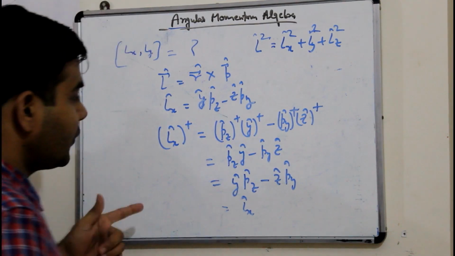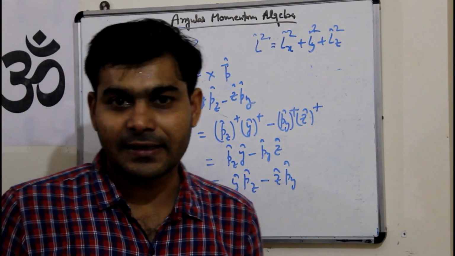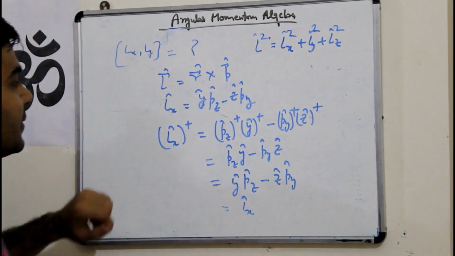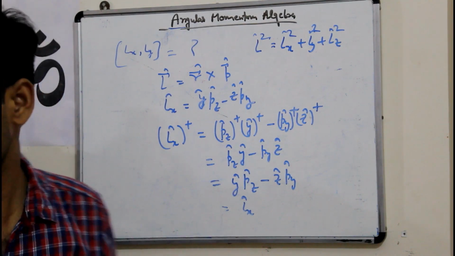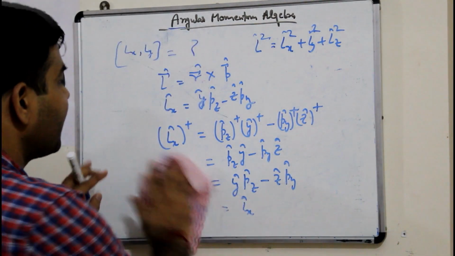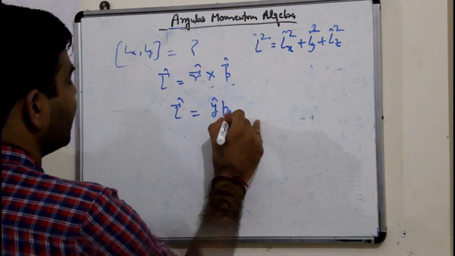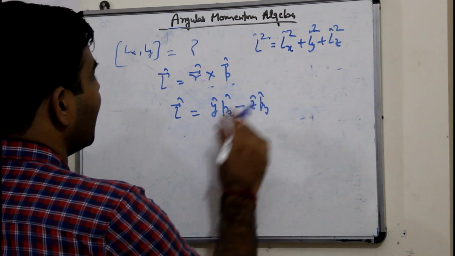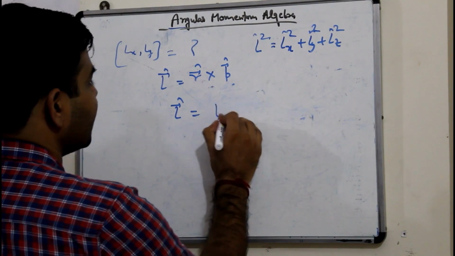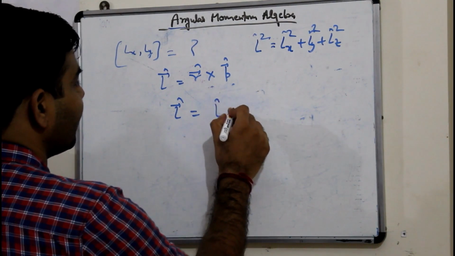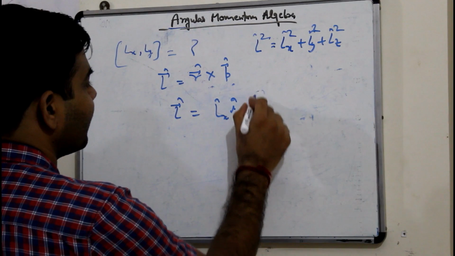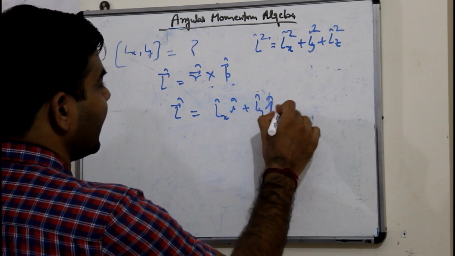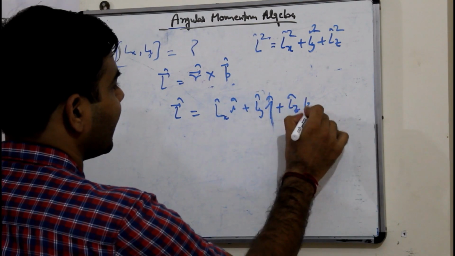Hence, we can conclude, since the Lx, Ly, Lz components are Hermitian, this L vector is also Hermitian. The L operator is nothing but Lx hat i hat plus Ly hat j hat plus Lz hat k hat.